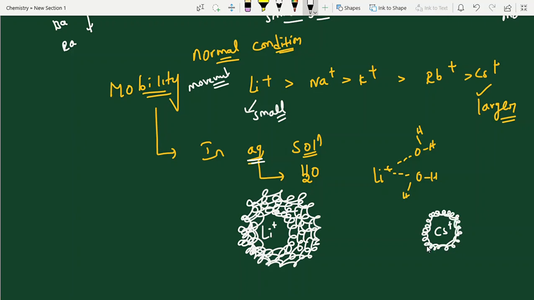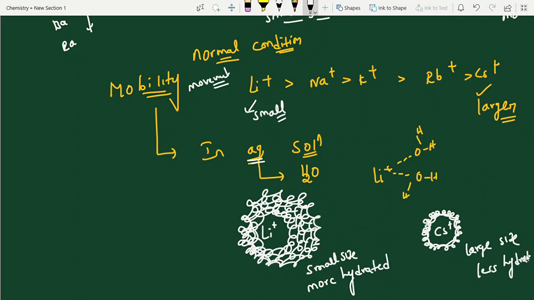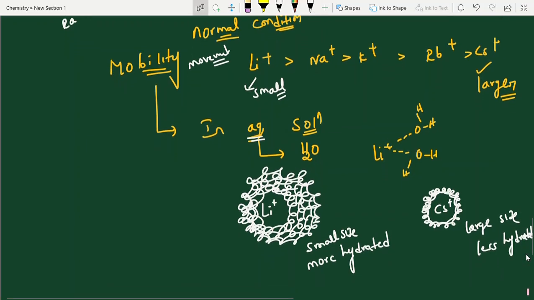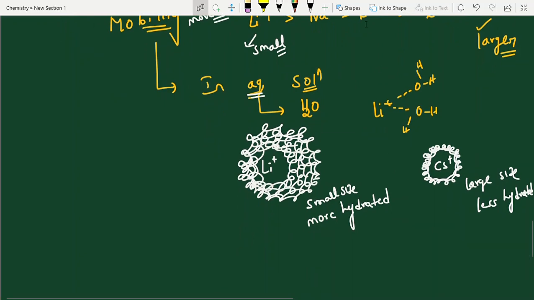Because of small size, more hydrated. Because of large size, less hydrated. Clear? Now what happened, students? Lithium, before a smaller guy, has now become bulky.